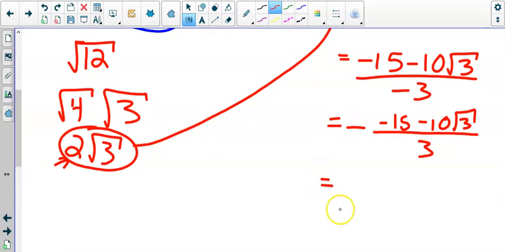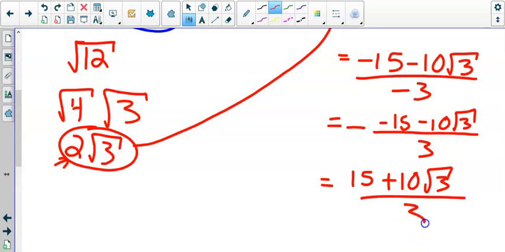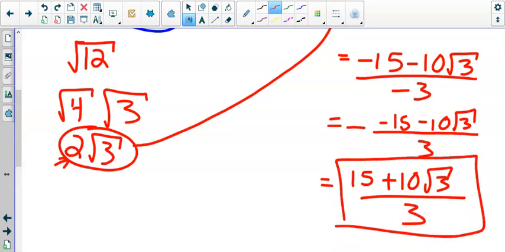What would a negative 15 turn into if I move that negative up top? Positive. What would a negative 10 turn into? A positive. They're probably looking for that answer the best, because you got a bunch of negatives divided by a negative. What happens when you take negatives divided by a negative? Positive.